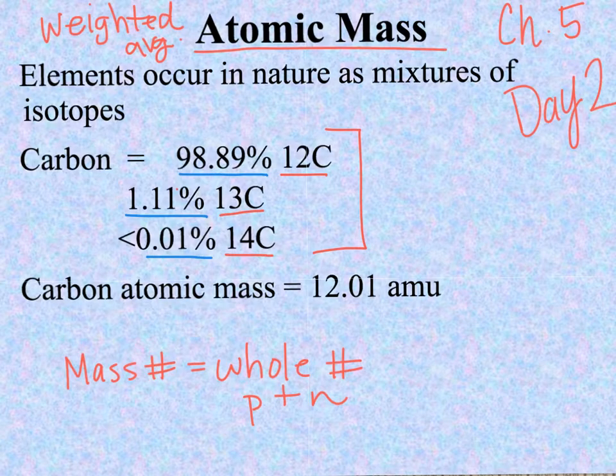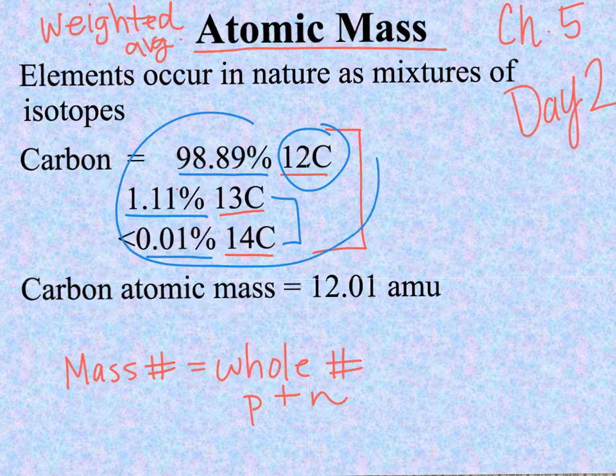So most of the carbon that you find in nature is carbon 12. That means carbon with a mass of 12. And then all of these carbon 13, carbon 14 are in much smaller percentages in terms of being found in nature. So what we're going to do is we're going to take a weighted average of all of these, and then that's how they got 12.01, okay, AMU.